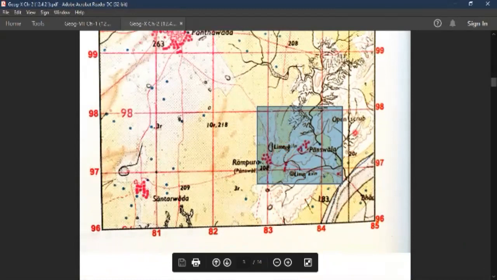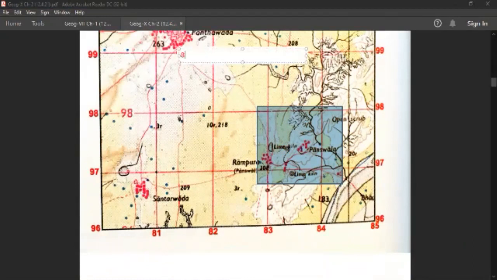So the 4-figure grid reference will be 83, the easting value, and 97. So 8397 is the 4-figure grid reference of the Lincoln near Panswala.